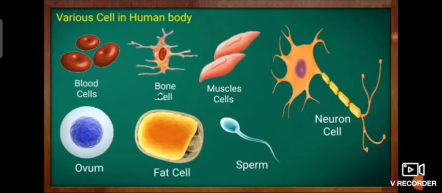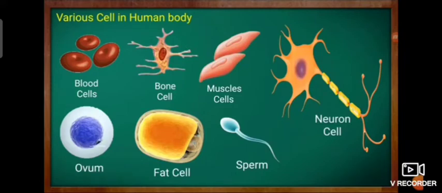Next is the bone cell, also termed osteocyte. This has a very unique, diamond-like shape. Then the muscle cell, a typical reddish, thick, fleshy type of cell. Then the ovum, the female reproductive cell, completely round or oval in shape.